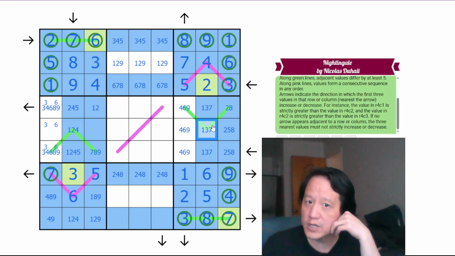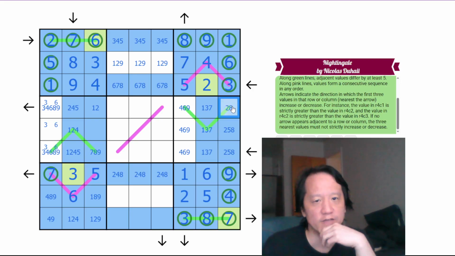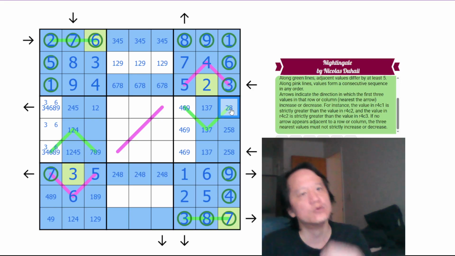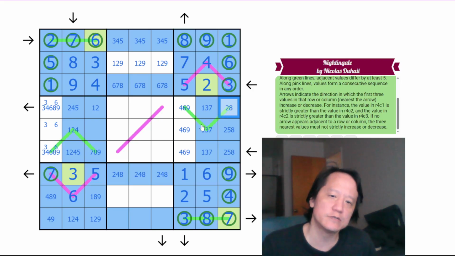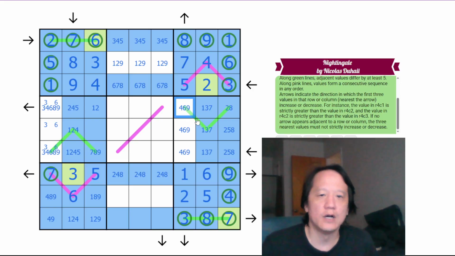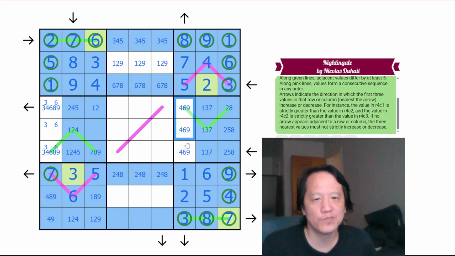So 3 and 1 are 5 or more away from 8. 7 is 5 or more away from 2, but the problem is, I guess you could have 9 doubled. So that is potentially possible. You could also have 4 doubled here. So that could still work.